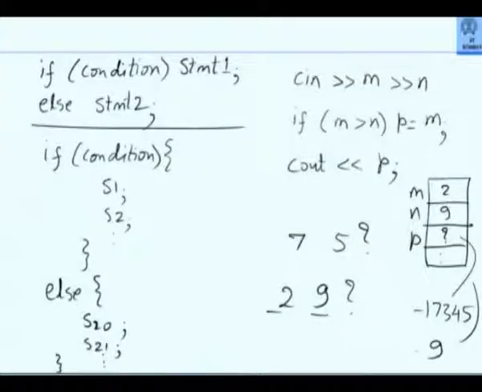Now I have to be very, very unlucky if next time the location which is assigned contains 11. That is the reason why, apart from testing, you have to ensure that values are either initialized or assigned. No value should be printed which is a trash value. Is that clear? Of course, the correct thing would be to say if M greater than N, P equal to M, else P equal to N, if you want to find out the maximum. But there are occasions when you want to do something only if the condition is true, not otherwise, in which case you are welcome to do that.